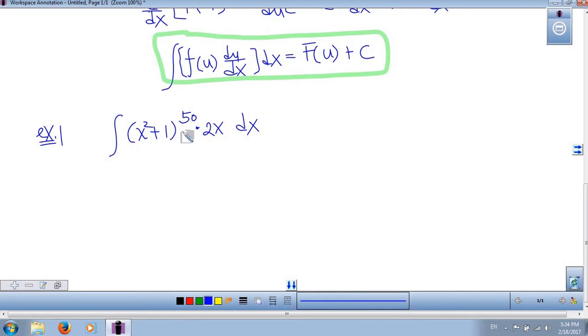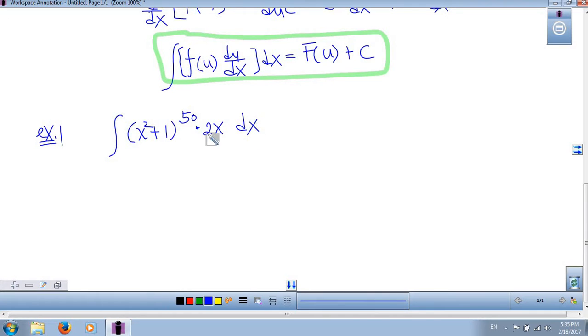Now, in this case, we are going to try to see if we have an inside function and an outside function. The key in looking for the inside function is that there must be an expression that is equivalent to the derivative, or is something that we can make into a du/dx. So I look at this expression and I see x squared plus 1 to the 50th power. This is a function raised to another power, so it's a composite function.